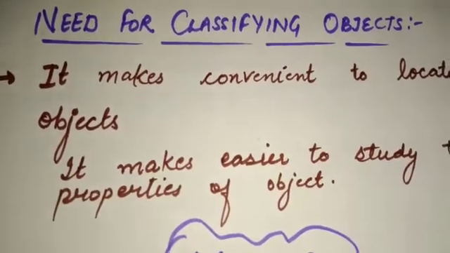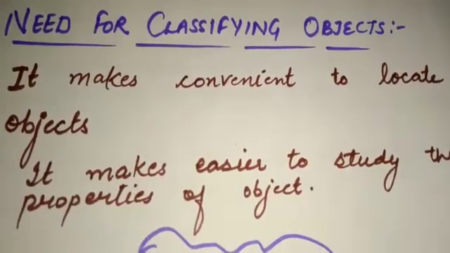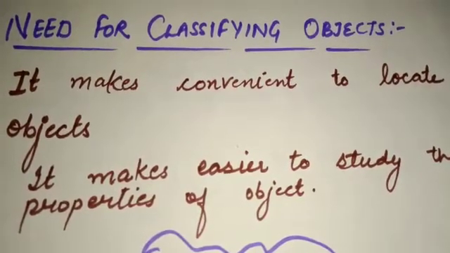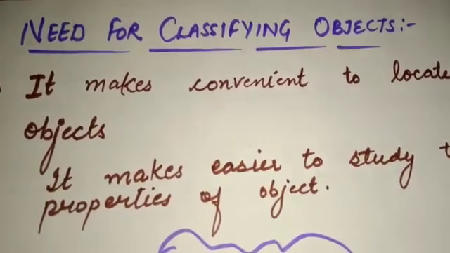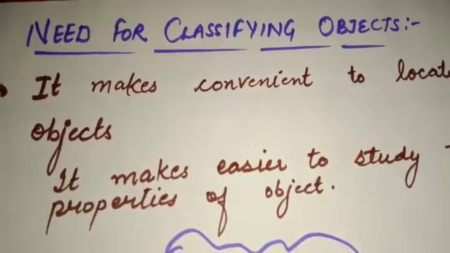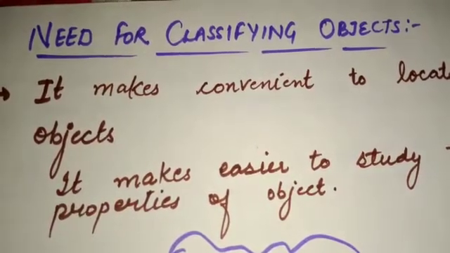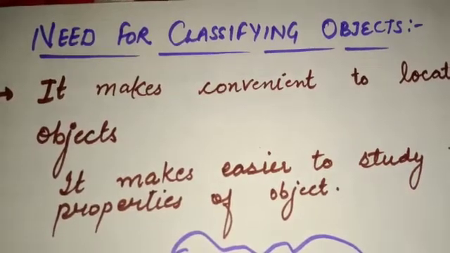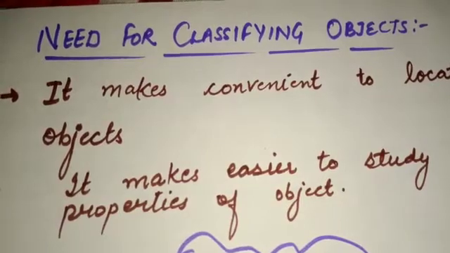Next is it makes it easier to study the properties of objects. Means with the help of classification of the objects, we can easily study the properties of various objects. If we know the property of one object of a group, we can give the idea about the property of other objects belonging to the same group.